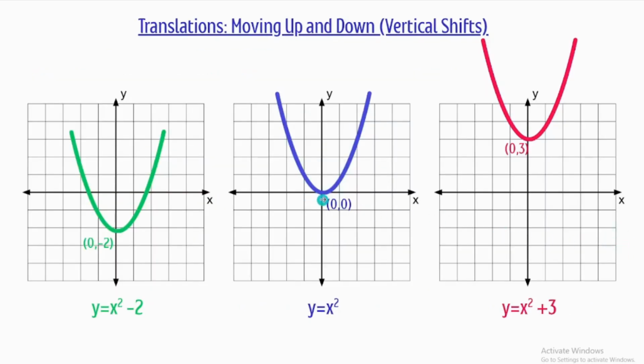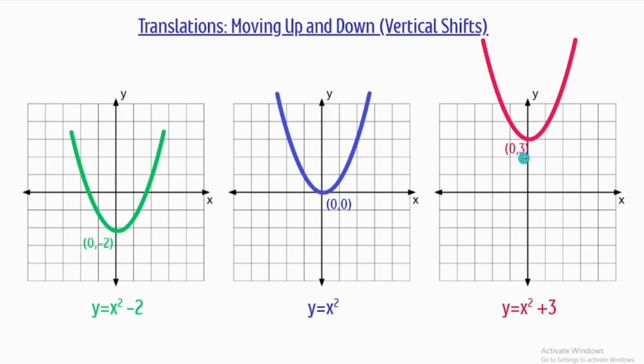Now, this is the parent function. The parent function always has its vertex at (0, 0). When we add 3 to the parent function, that makes the parabola shift up 3 units, because it's plus. What is the change in the vertex?